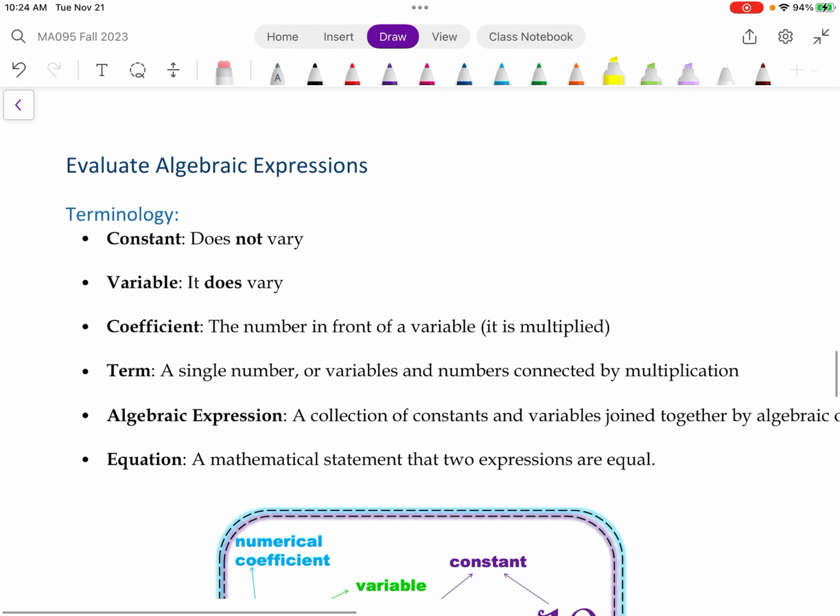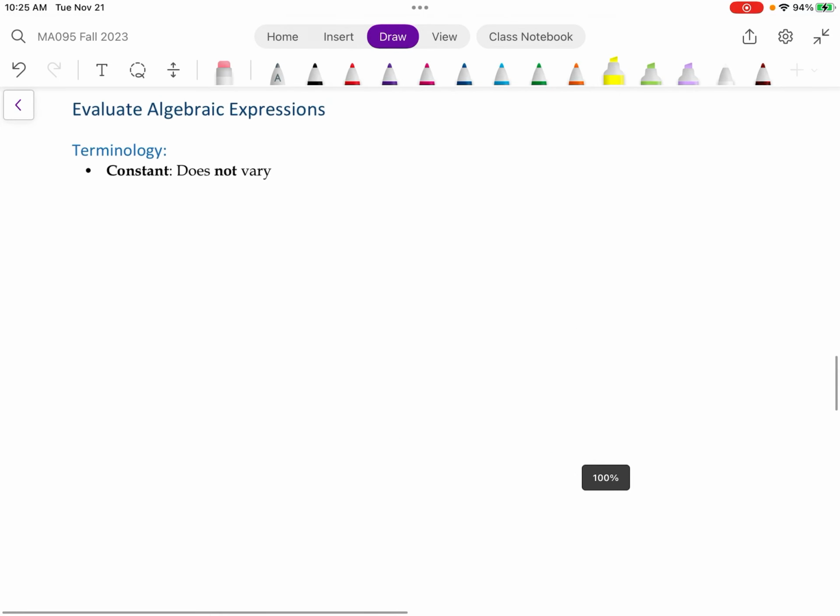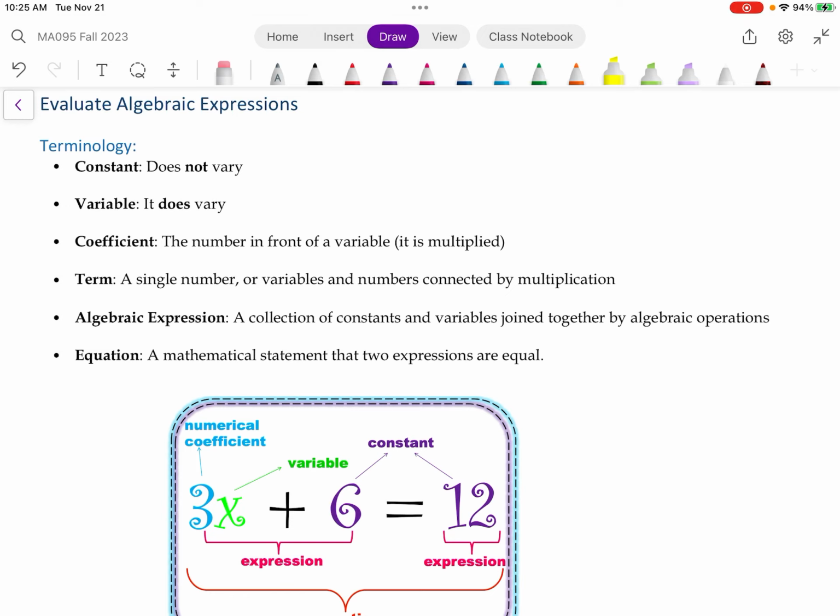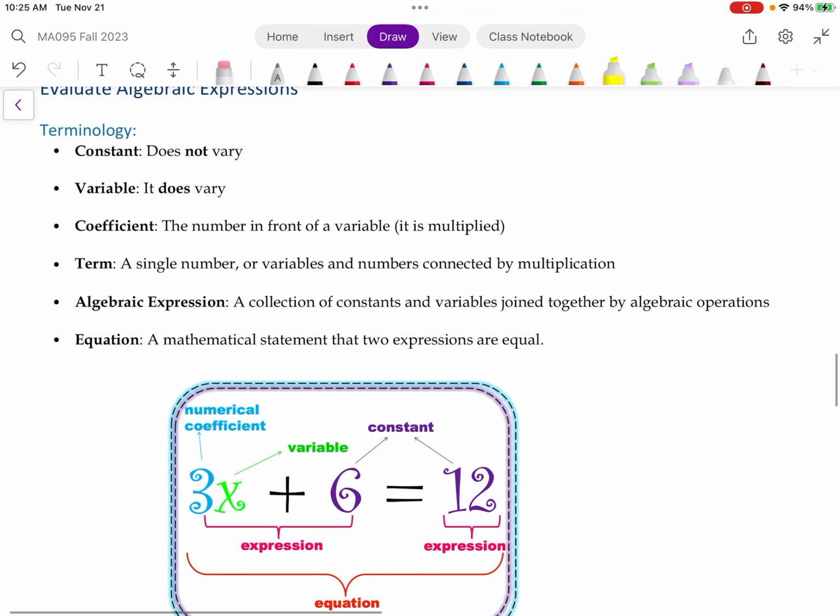All right, moving on, take a moment to put this in your notes, and then I'm going to talk about it. If you have any questions about any of these, please make note of it so you can ask me in class. A couple of really important things here: an algebraic expression does not have an equal sign.